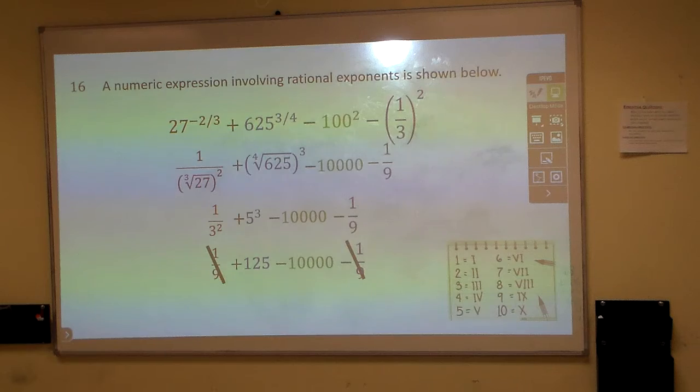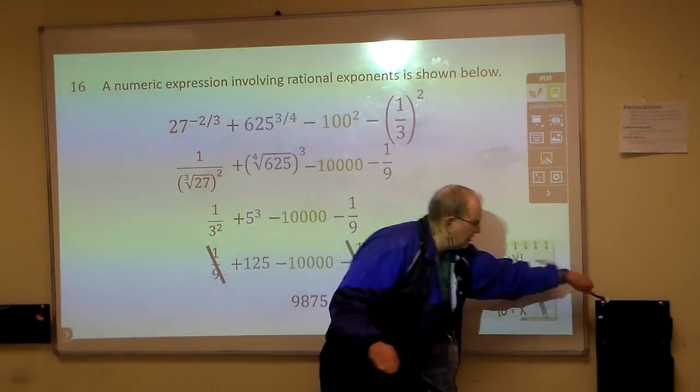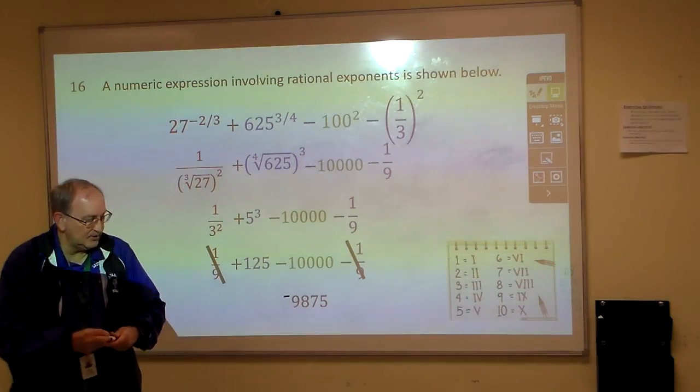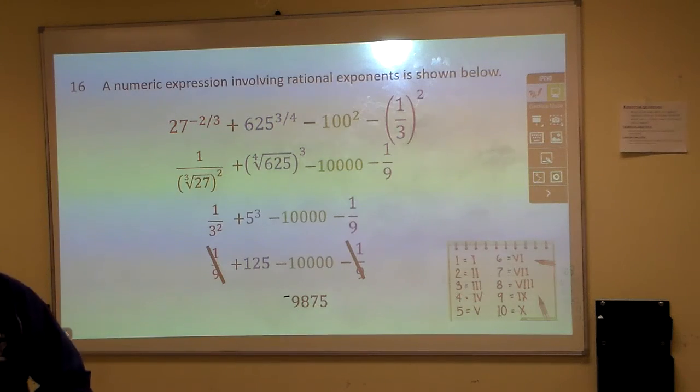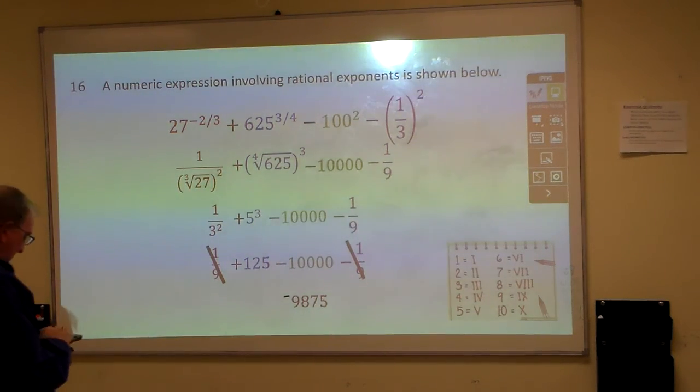Well, guess what's going to happen to the 1/9? And so 125 minus 10,000, oh, that should be a negative. Once again, I had just a tiny, tiny mistake there. Easy to make. It is a negative 9,875.